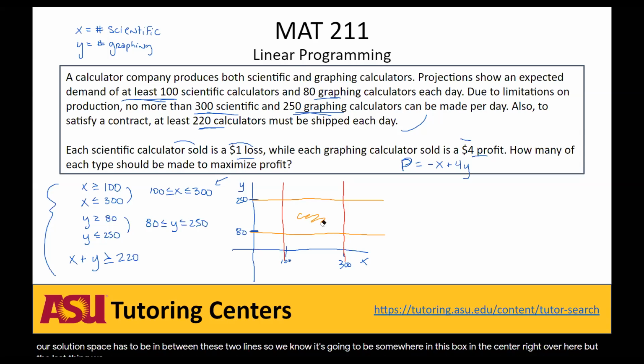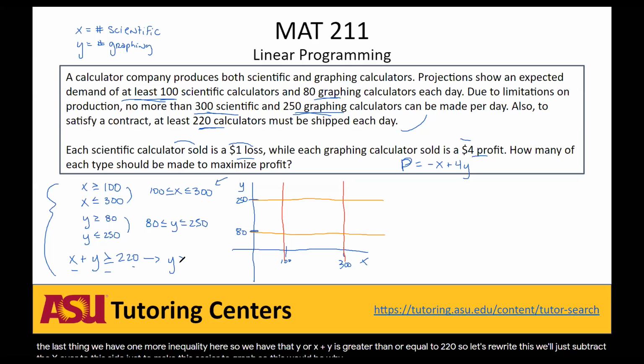But the last thing, we have one more inequality here: X plus Y is greater than or equal to 220. So let's rewrite this. We'll just subtract the X over to this side to make this easier to graph. So Y is greater than or equal to 220 minus X. We can say this is about 220 here, and it's going to go down at a 1-to-1 rate.